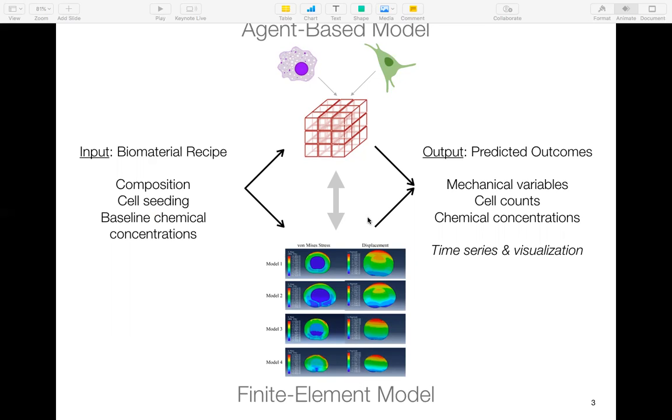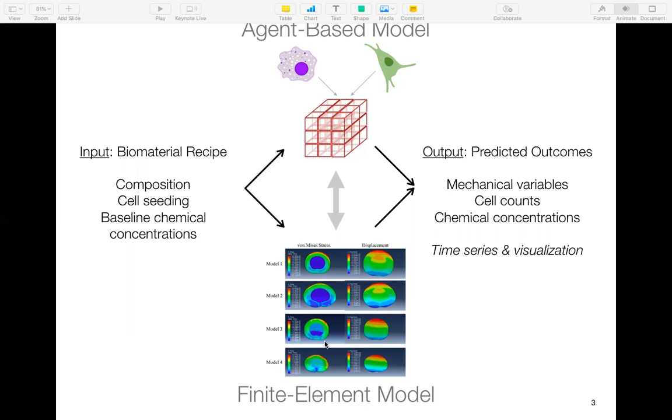The biological aspect, like the cells and extracellular matrix proteins and other chemicals, are simulated with agent-based modeling, which is a common technique for simulating biological phenomena. And the mechanical aspect, including viscoelasticity and diffusion, needs to be simulated by another type of model that's better suited for physics.